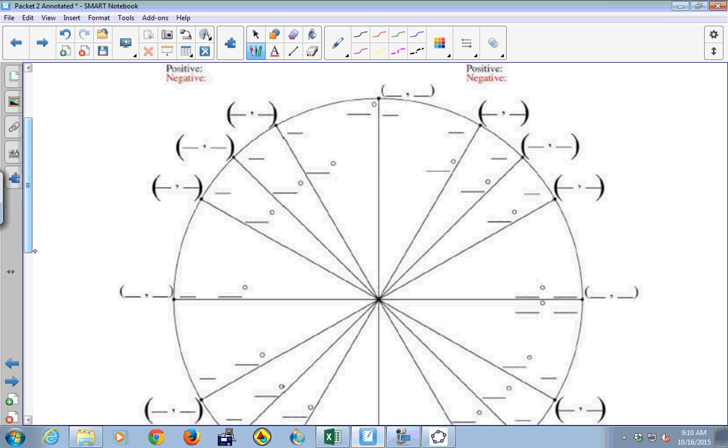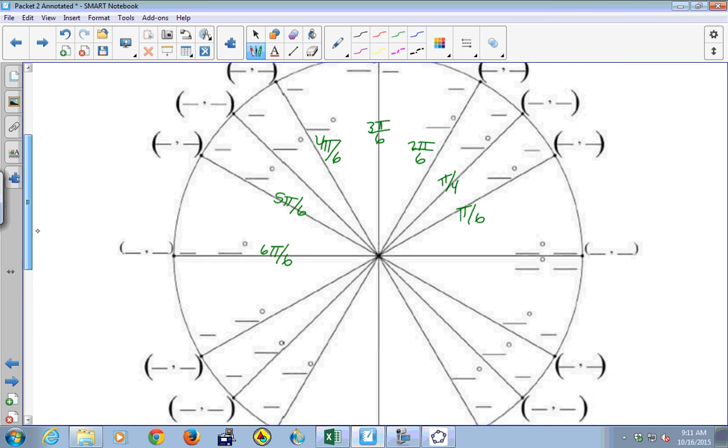So my counting trick is that this is pi over 6 and this is pi over 4, right? And then I just skip all the pi over 4s and count by pi over 6s. So you've got 1 pi over 6, 2 pi over 6, 3 pi over 6, 4 pi over 6, 5 pi over 6, 6 pi over 6.